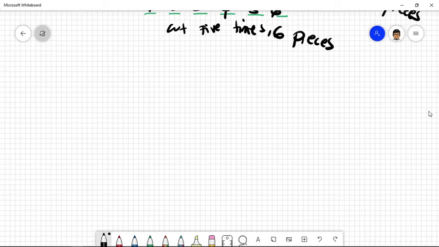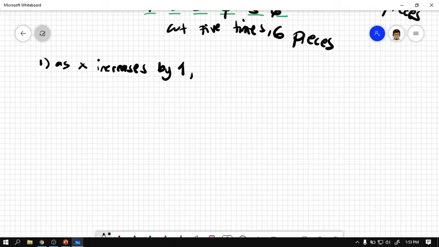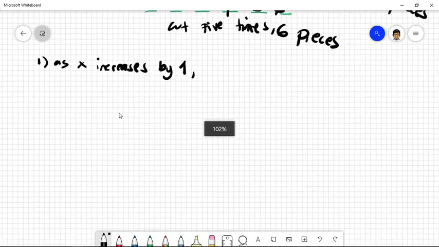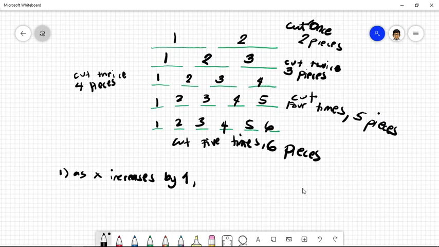Conjecture number 1. As x increases, or as the number of cuts increases by 1, anong mangyayari dun sa number of pieces? Tingnan natin sa taas. Ayan.